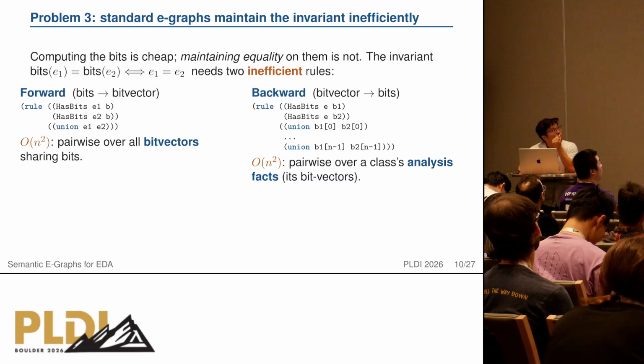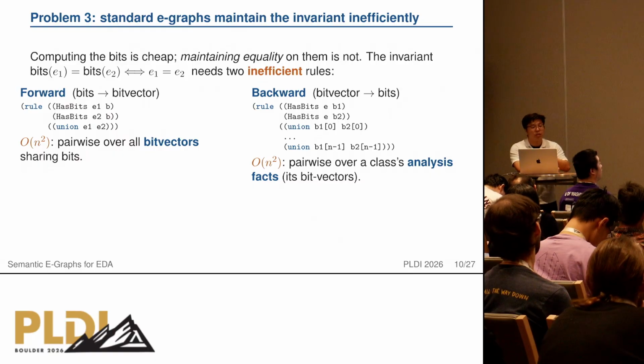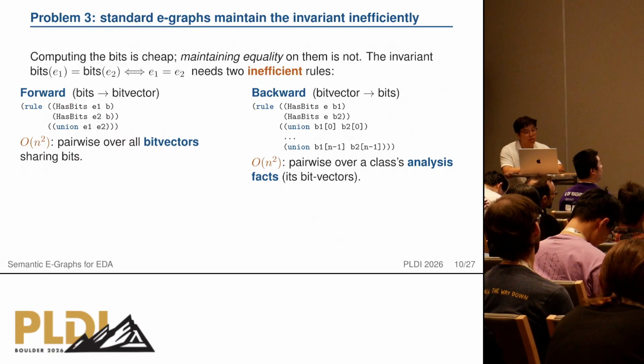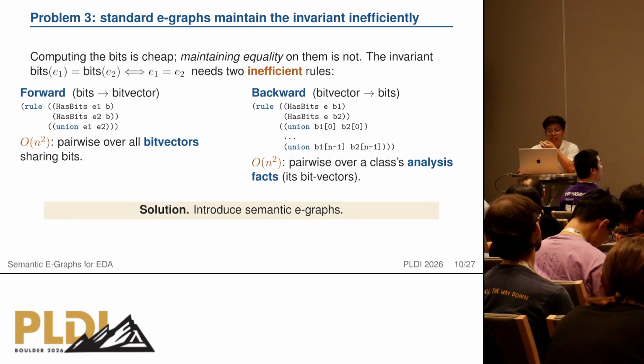At least we need two different directions of propagation of the equality: a forward direction, where we propagate the equality from the bits to the bit vector, or a backward propagation from the bit vector to the bits. And we need to do pairwise comparison between the bit vector e-class analysis facts. So this is our motivation for introducing semantic e-graphs.